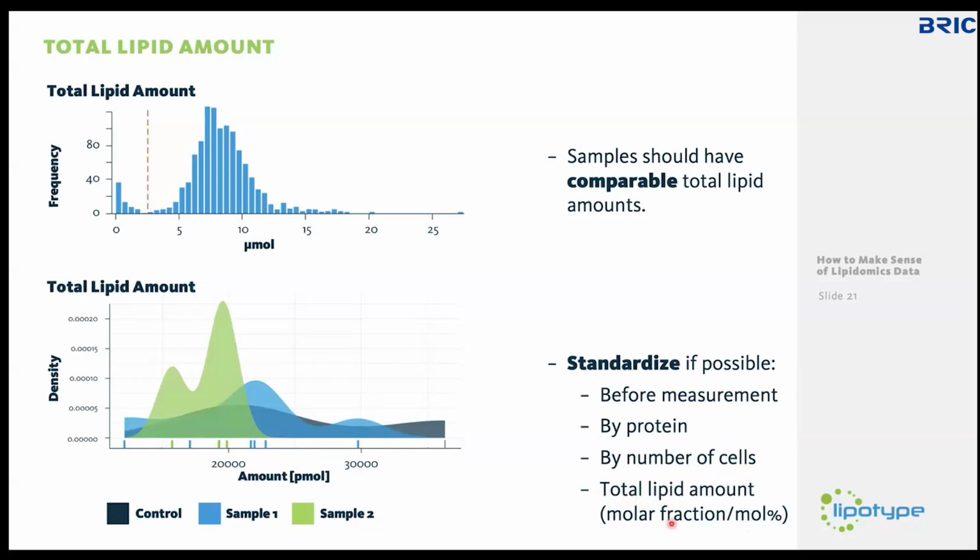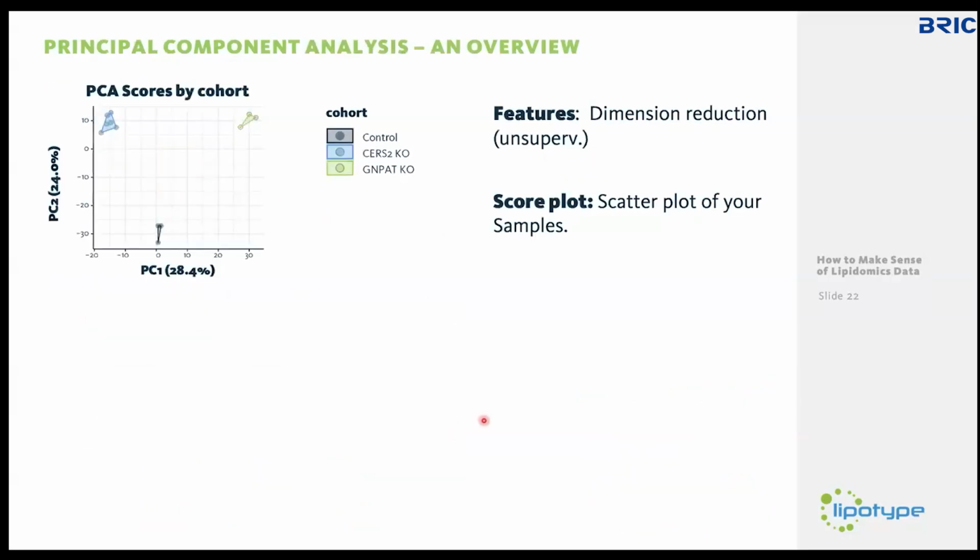So you end up having something called the molar fraction. This is usually quite helpful in the sense that you standardize. It also has its downfalls, for example if you have extreme changes within a sample, then this can also happen.